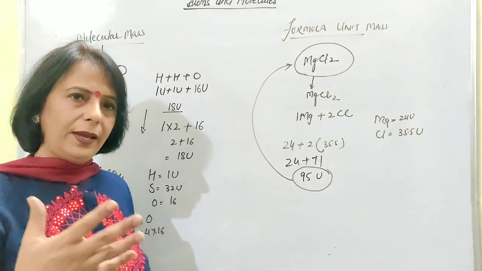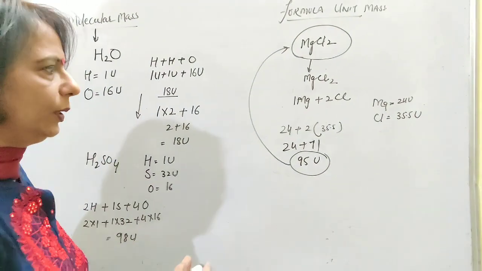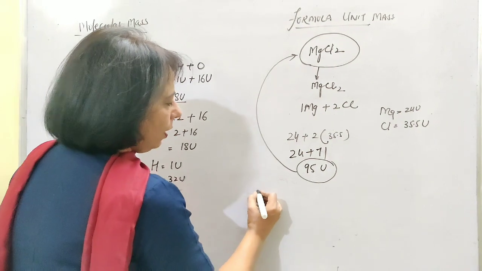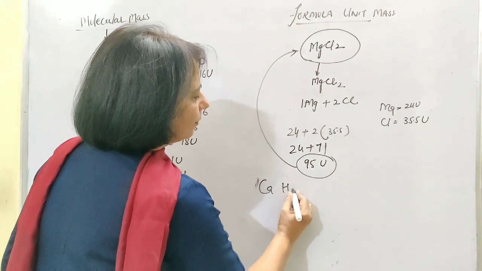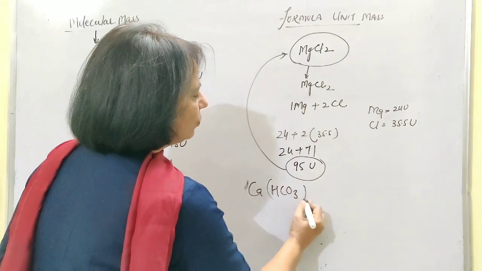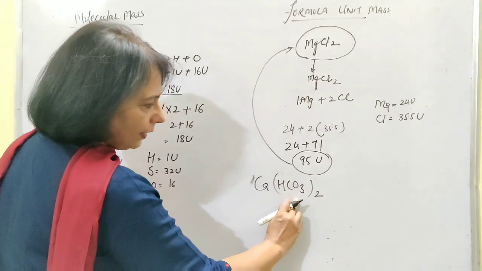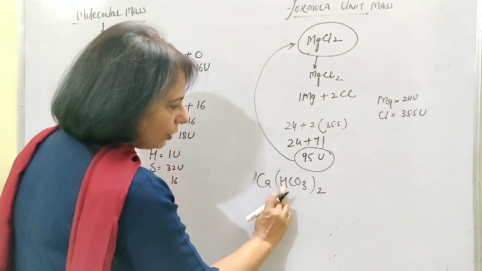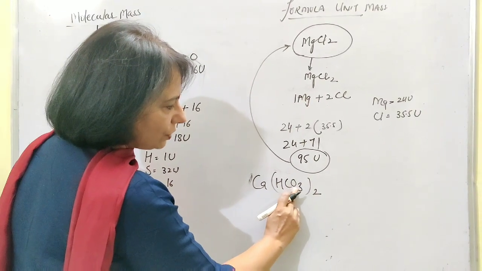In the similar way, many can be asked in the exam, simple and complicated ones also. Let me give you one more example, calcium hydrogen carbonate. So this 2 which is written with the polyatomic ion is meant for hydrogen also, for carbon also, and for oxygen also.